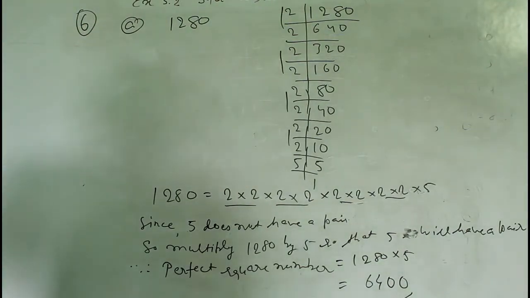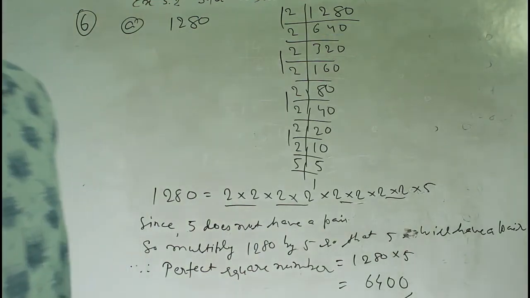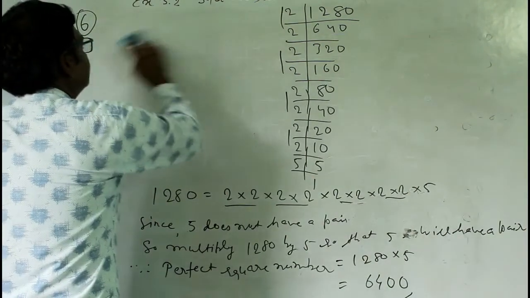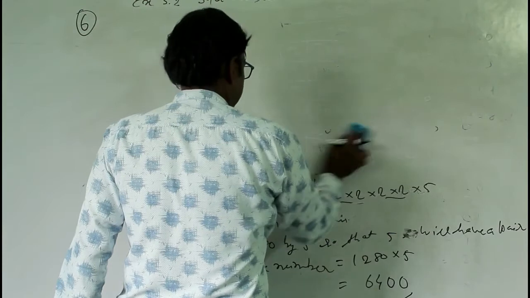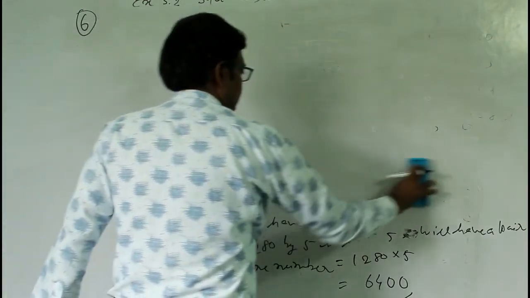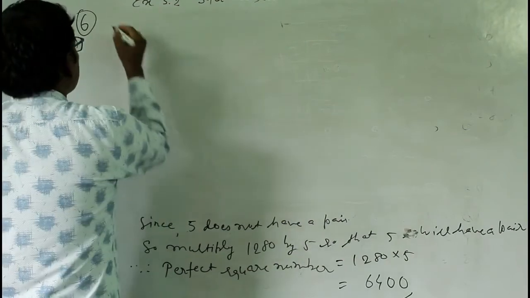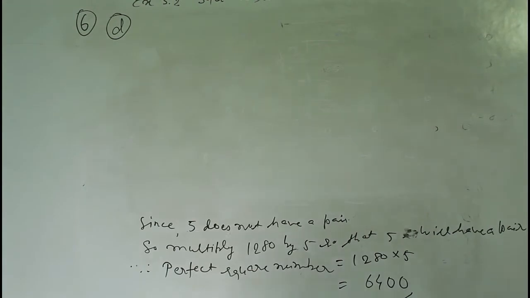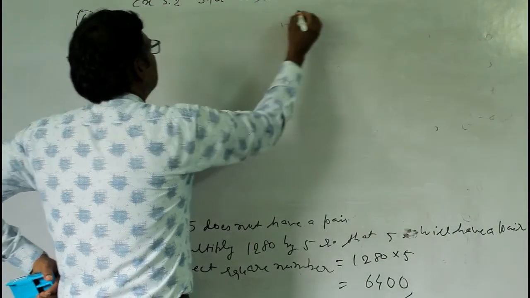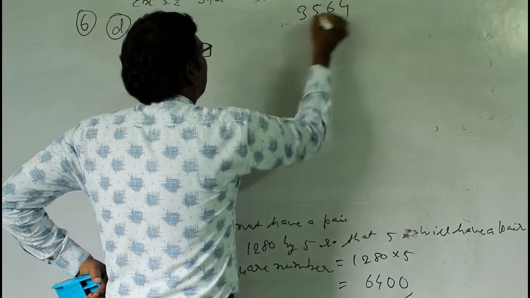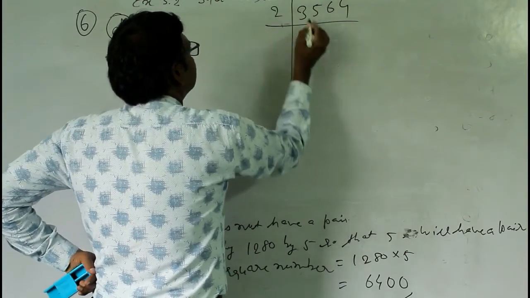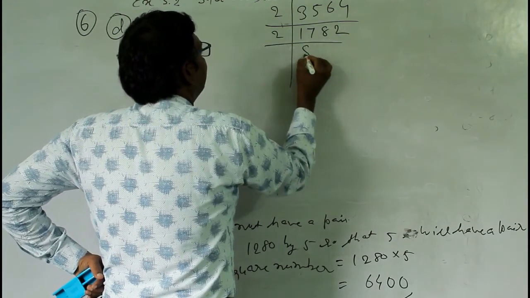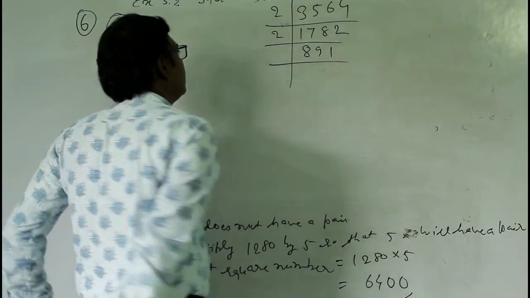So A is this, now question number D. Okay, solve question number D: 3564. Find the prime factors of this. Now we have this 891.